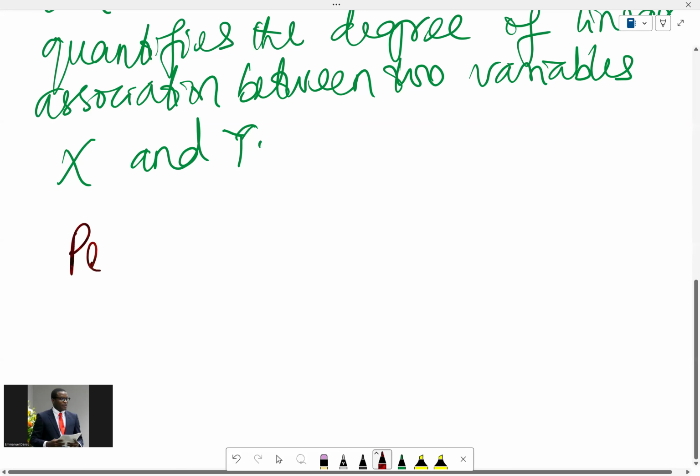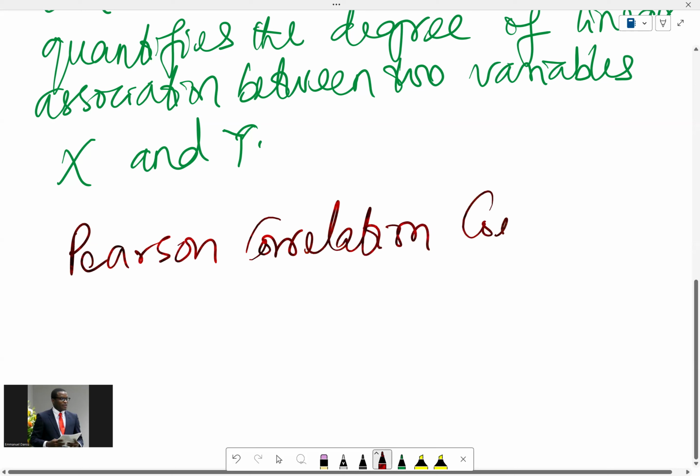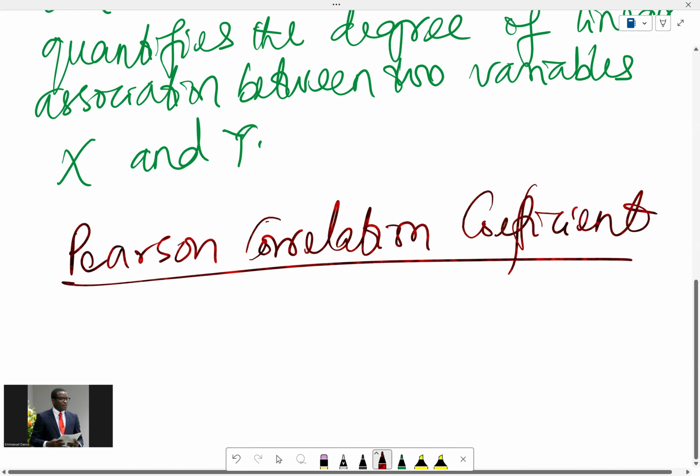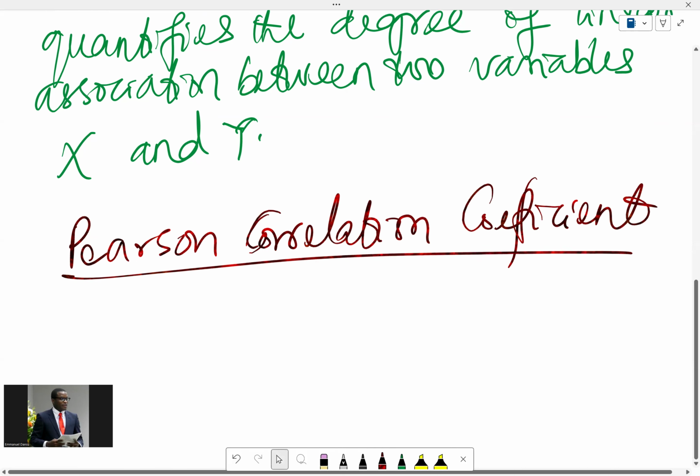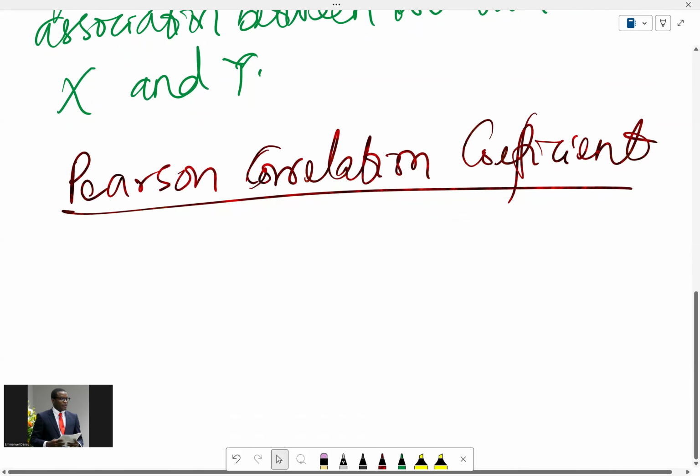So let's go to the Pearson correlation coefficient, which is the most used measure for correlation, because there's also Spearman's rank correlation, which you're going to see in the next video after this.